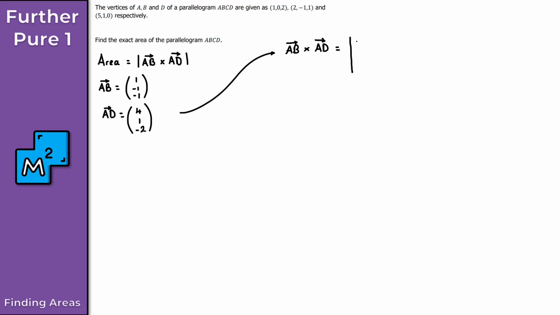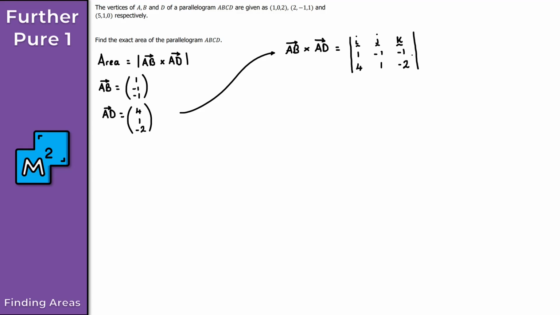Along the top row, we have the unit vectors i, j, and k. Along the middle row, I'm going to have AB, so that's 1, -1, and -1. And then along the bottom row, we have the vector AD, so I get 4, 1, and -2.